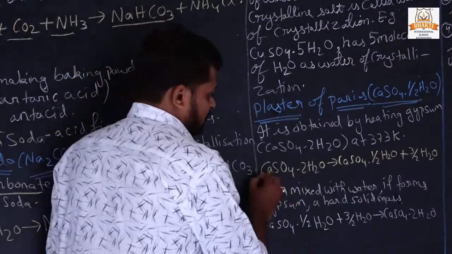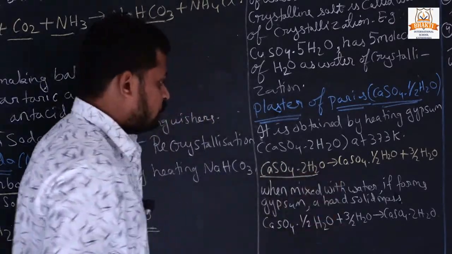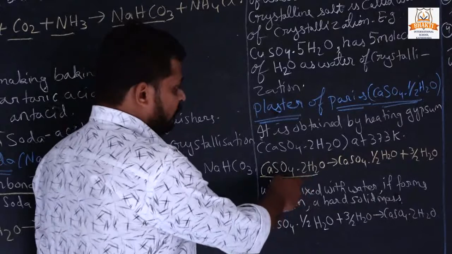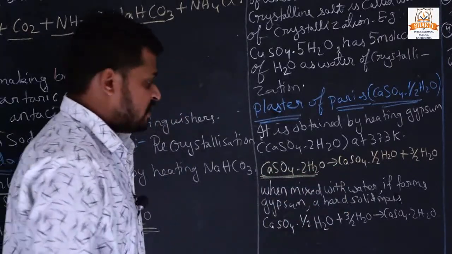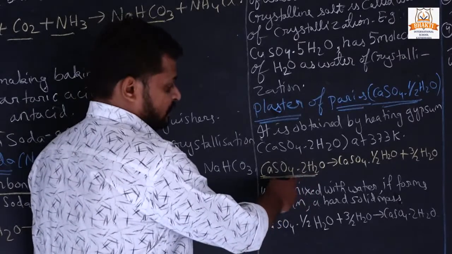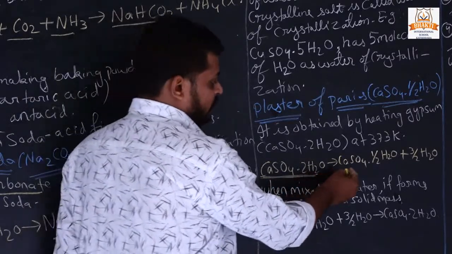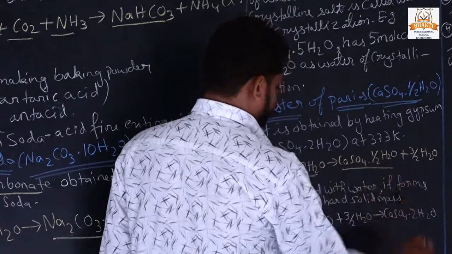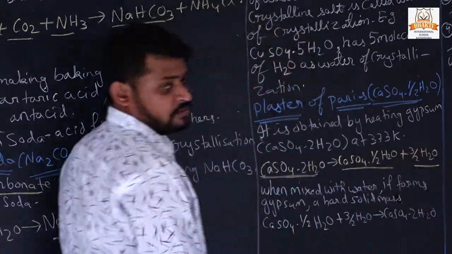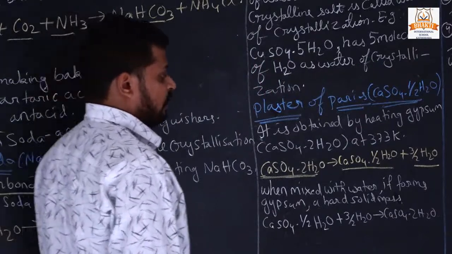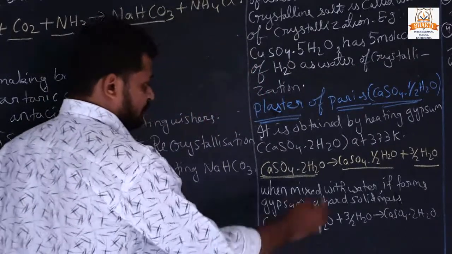When CaSO4.2H2O, the molecular formula of gypsum, is heated, we get CaSO4.1/2H2O plus 3/2 H2O as products.